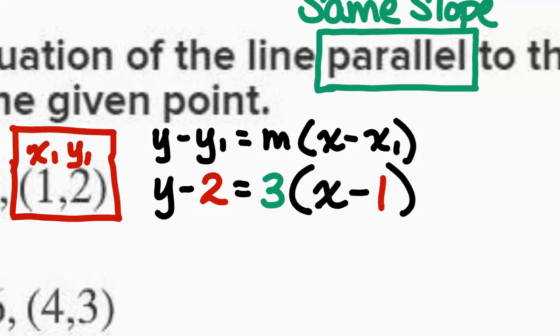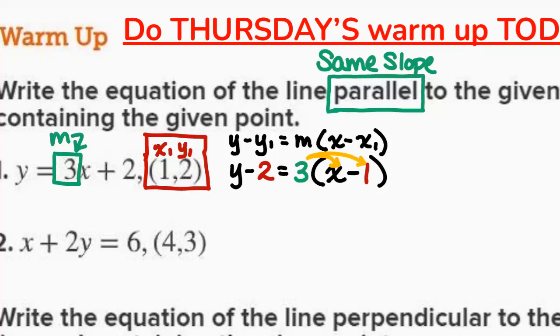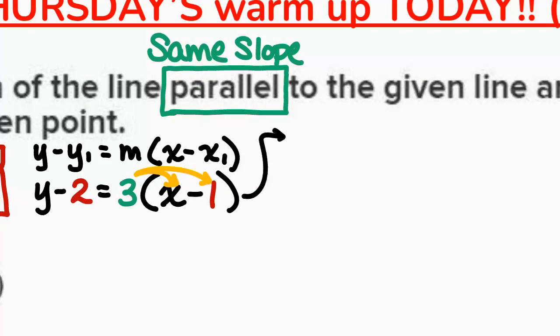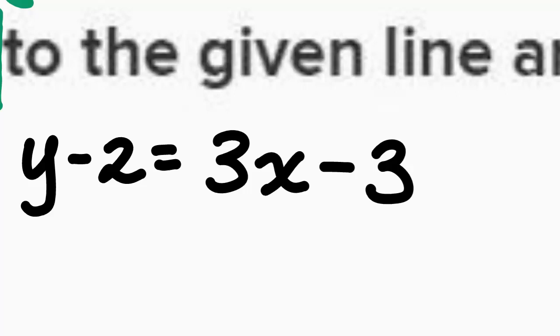From here, I need to distribute the slope to everything inside the parentheses. Give myself the room I need for that. So I'd have y minus 2 equals what? Three x minus 3. And then to get this into slope-intercept form, what do I still need to do now?